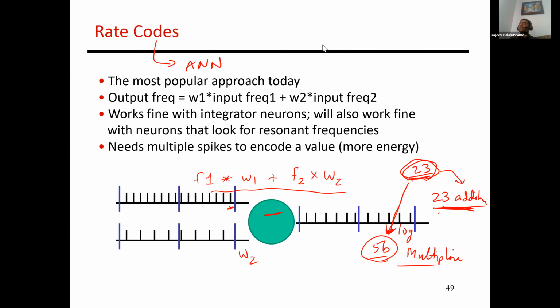Okay, so as I said, the position I'm taking over here is that maybe instead of focusing on rate codes, we need to focus on temporal codes. And the reason for that, of course, is firstly that I'm providing a lot fewer spikes, and as I'll show you soon, an architecture that uses a spiking neural network is going to have high efficiency only if it's a very sparse set of inputs, right?